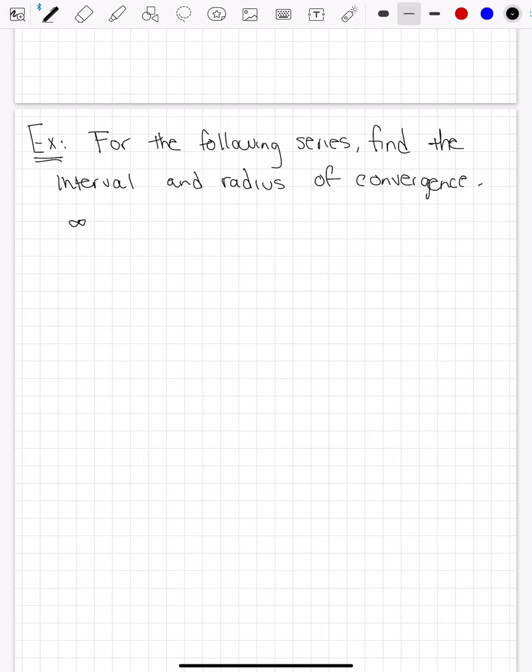So the series we're given is the sum from 0 to infinity of x to the n over n factorial. Right, so basically what we always have to do is we just check for convergence like we normally would.